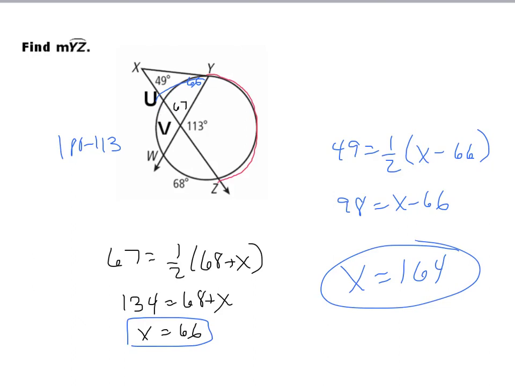Now that I have that, I can see this is on the outside. So 49 would be the large one minus the small one. 49 is 1/2 the large one minus the small one. I could find this arc by multiplying by 2 and adding 66. This is going to be more ideal as to what you're going to see. A whole bunch of crud on one circle, and you have to decipher how to solve this.